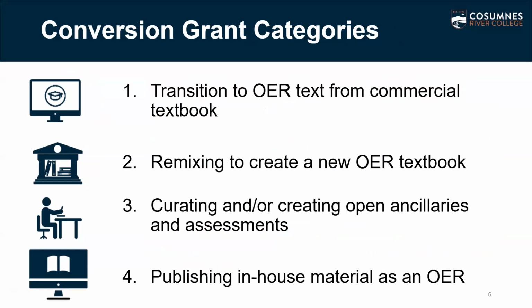Category 2 is for faculty who have been using an open educational resource, but maybe it's not quite perfect and they would like to make some changes. So they're going to remix it. And that might include, like I said before, deleting material, adding material, writing some material yourself, or actively having your students help you create material.